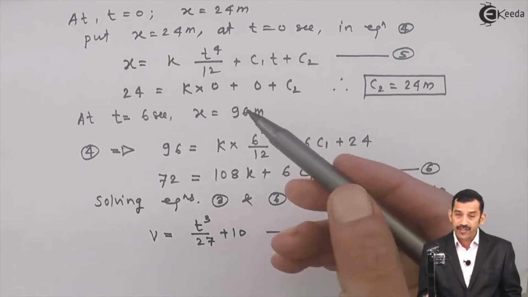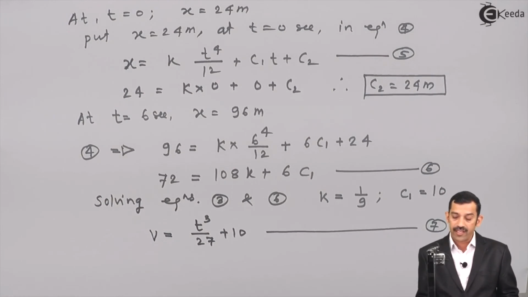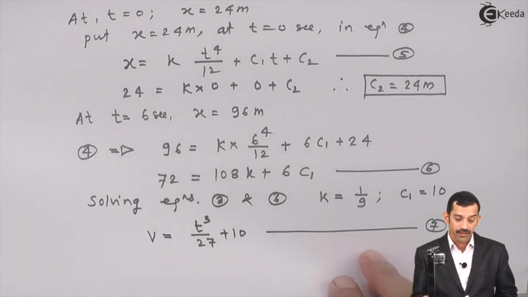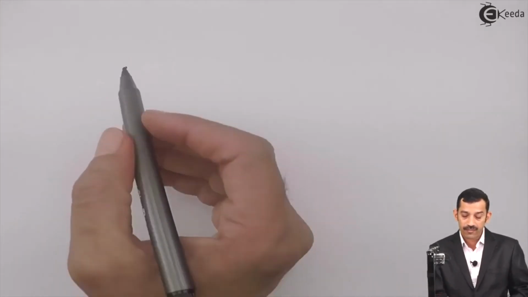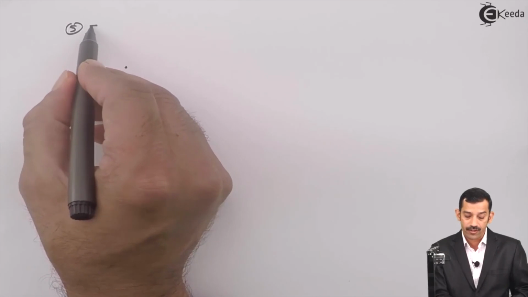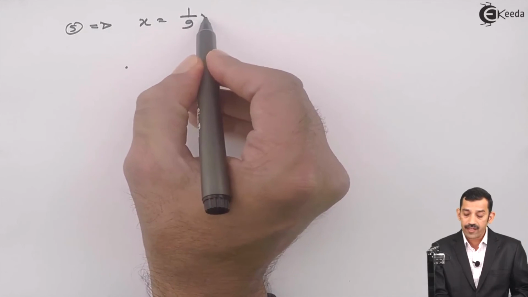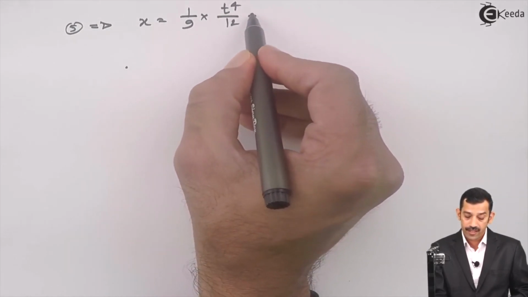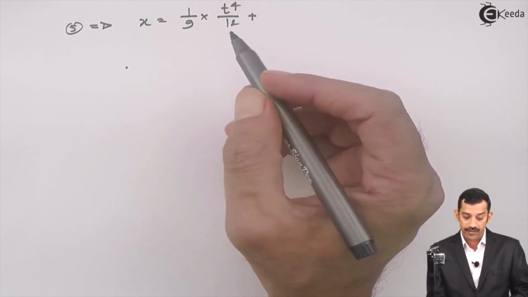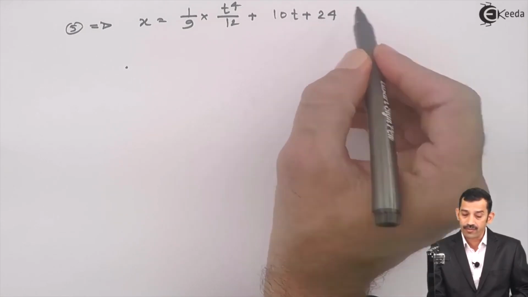One more relation is the equation of position in terms of time t. For that, we again substitute k and c1 in equation number 5. The equation of position is x equal to 1 by 9 into t raised to 4 upon 12 plus 10t plus 24.